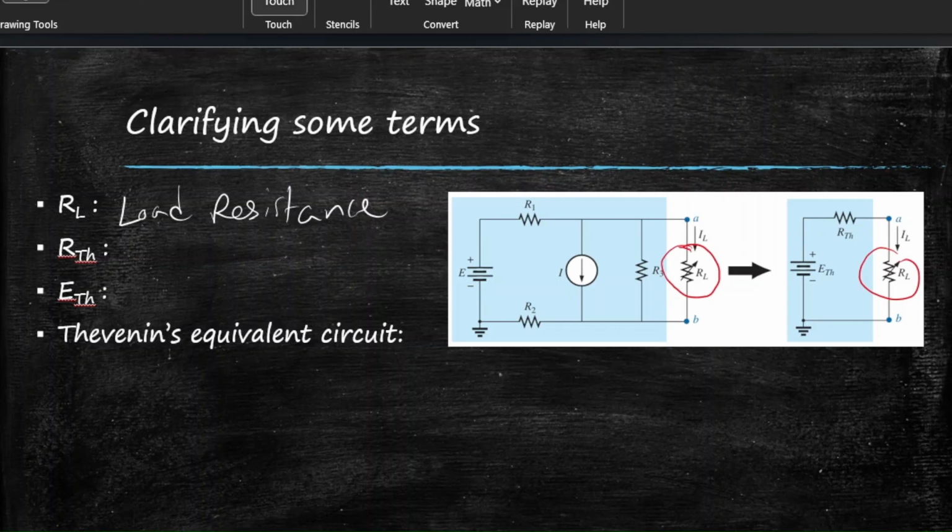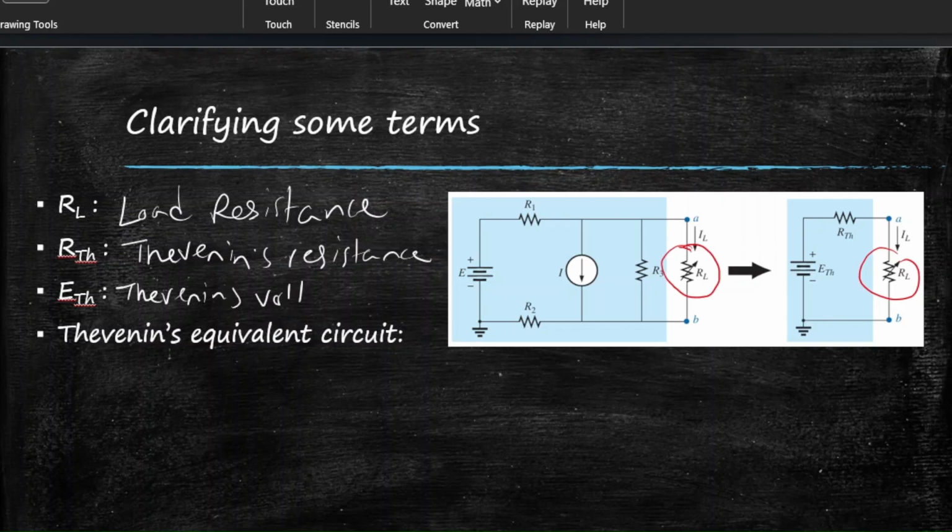Now RTH is Thevenin's resistance. This is the resistance we will calculate after removing all the sources. ETH is Thevenin's voltage.